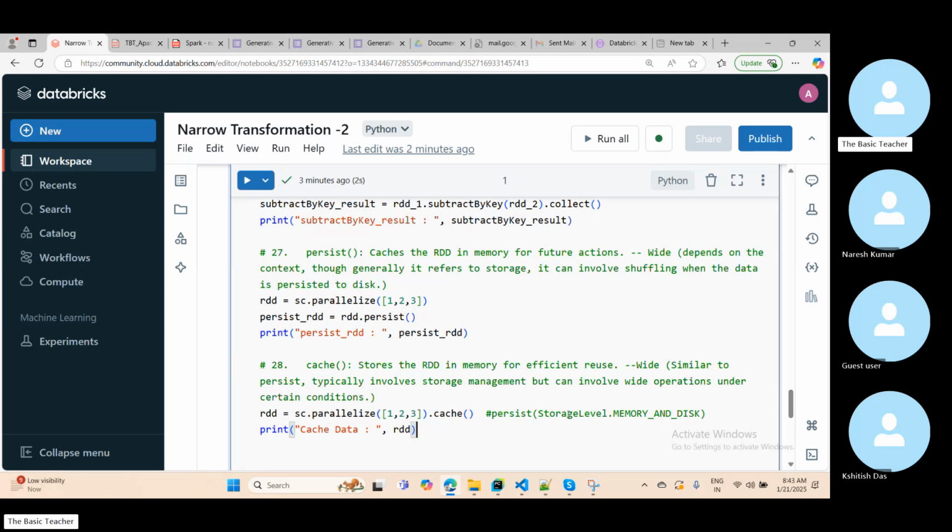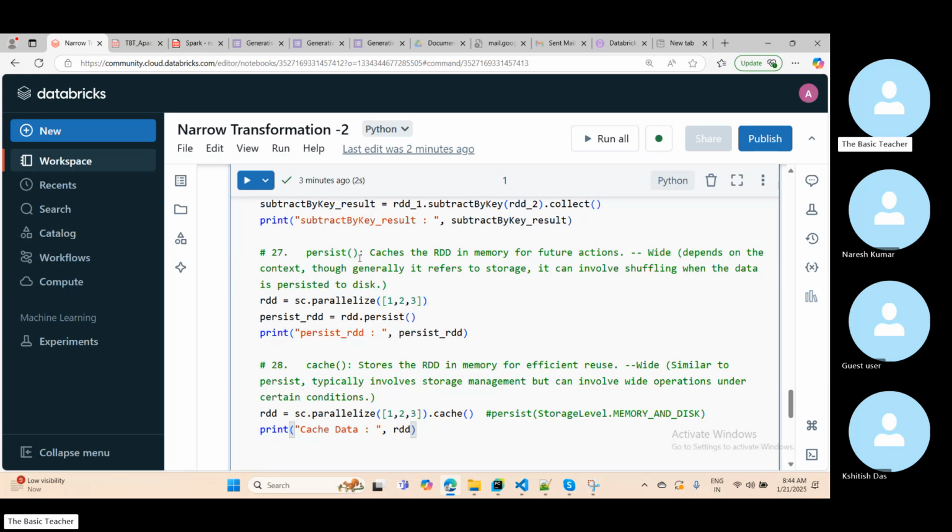The default level for this internally is memory and disk, but it will try to keep the data in memory if it fits. Like let's say you have 1 GB or 2 GB, then that fits and it is good to have in memory. But if your data exceeds the defined amount, then it will go to memory and disk. So the default level configuration is memory and disk.